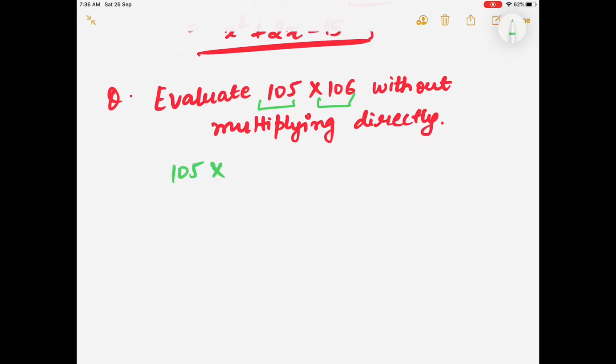First write 105 into 106. Now we have to expand both the numbers. Can we write 105 as 100 plus 5, and can we write 106 like 100 plus 6?